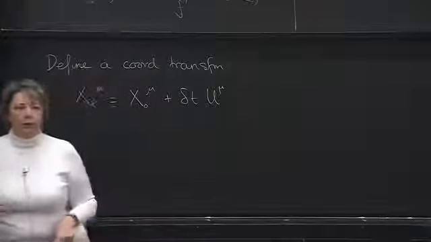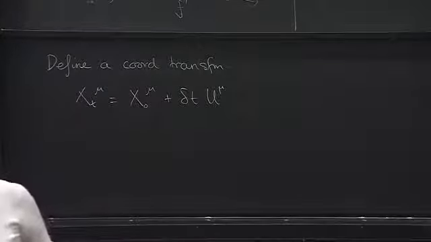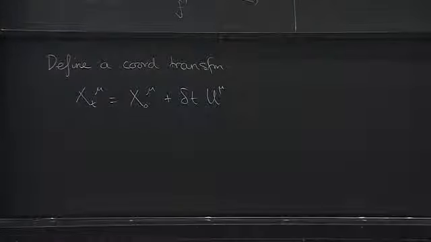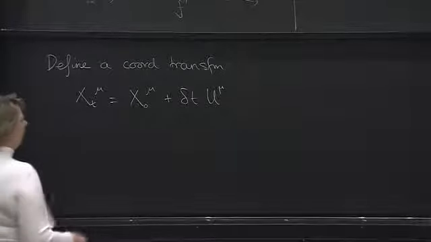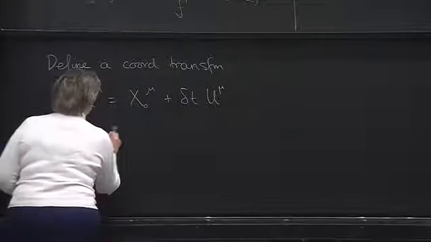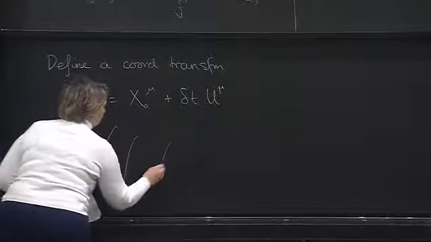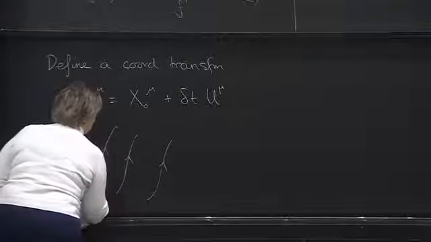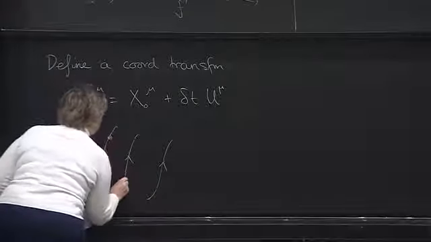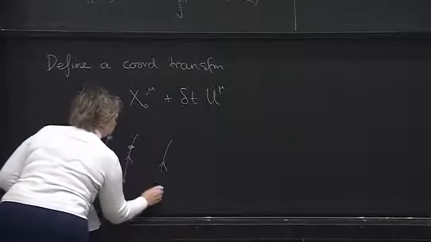Well, remember a diffeomorphism, if it's between two manifolds, we regard the manifold as the same. So what we can do is we can take these integral curves and imagine just sliding a little distance, delta t, along each curve.